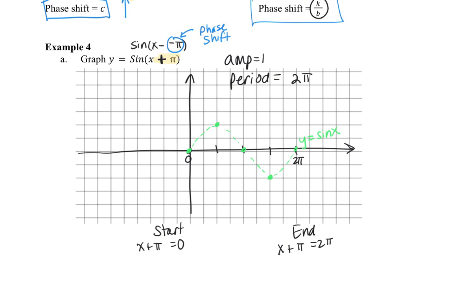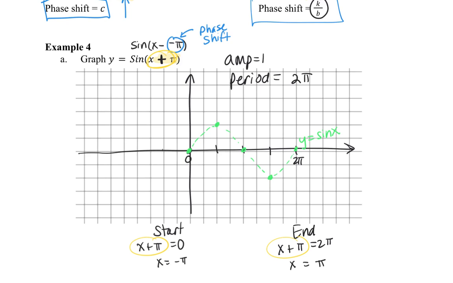So just take your input, whatever it is, and set it equal to 0 and 2 pi, and then solve for x. In this case, when we subtract pi from both sides, you would get x equals negative pi is your new start, and x equals pi is your new end.